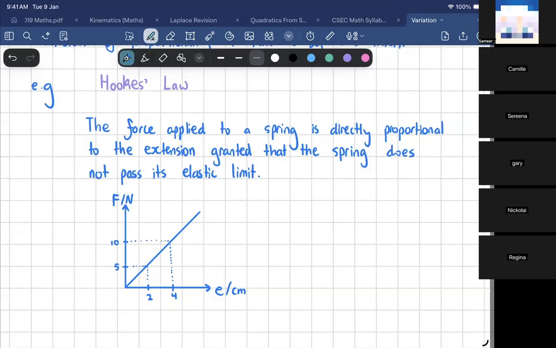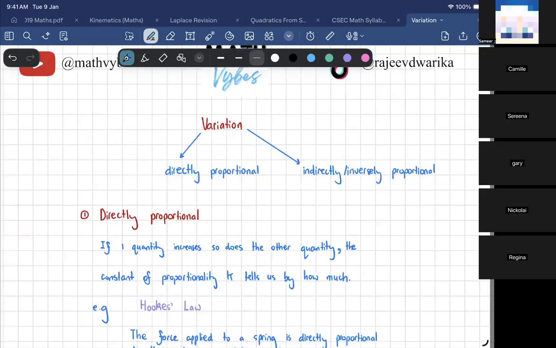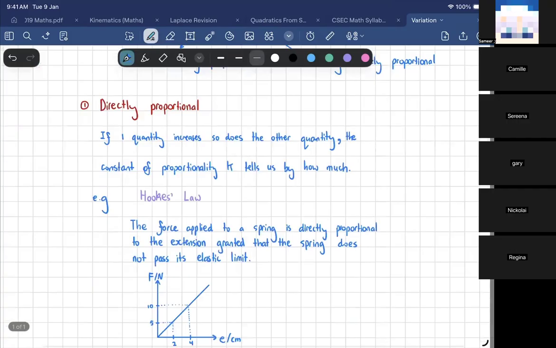But anyways, Nikolai, I'm trying to explain variation here. There are two types of variation, directly proportional and inversely proportional. When we're talking about direct proportionality, we say if one quantity increases, so does the other one. But by how much?